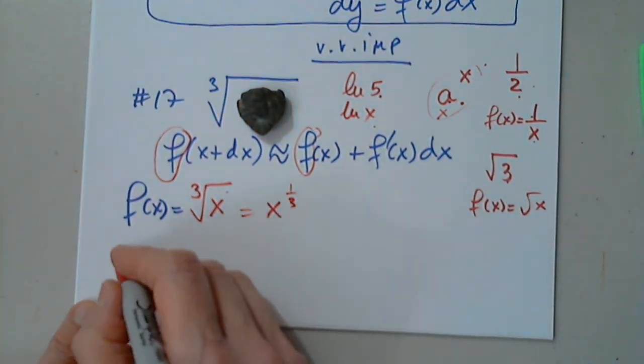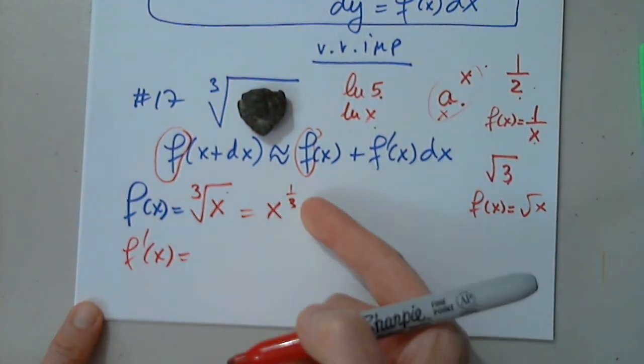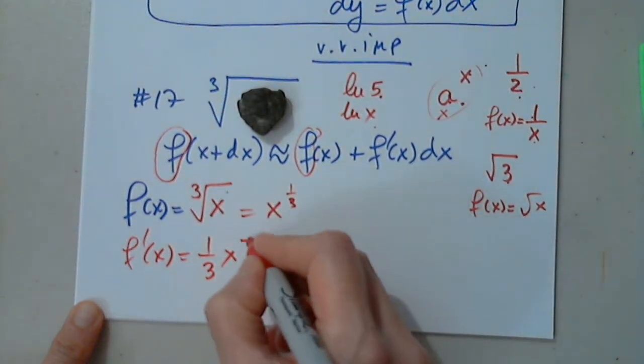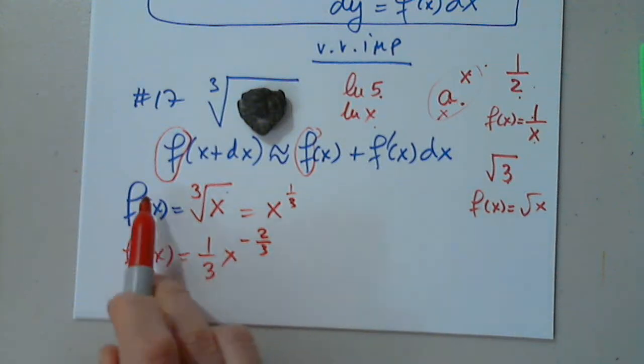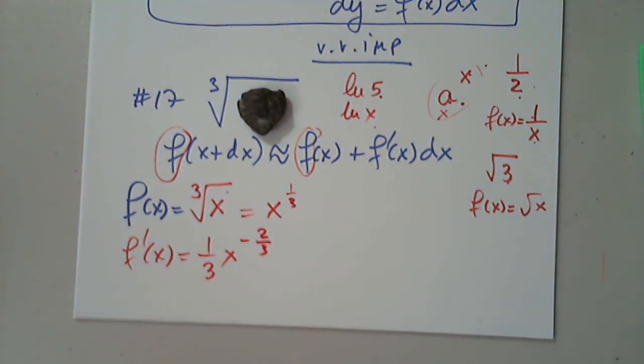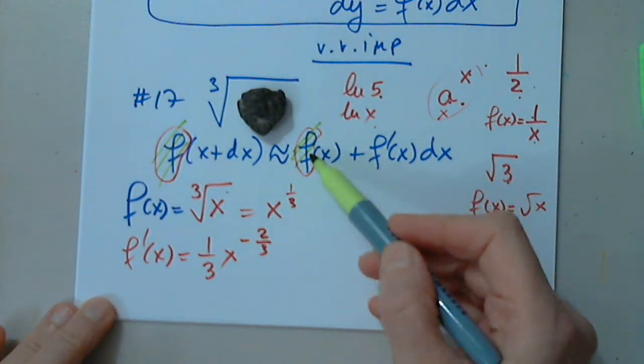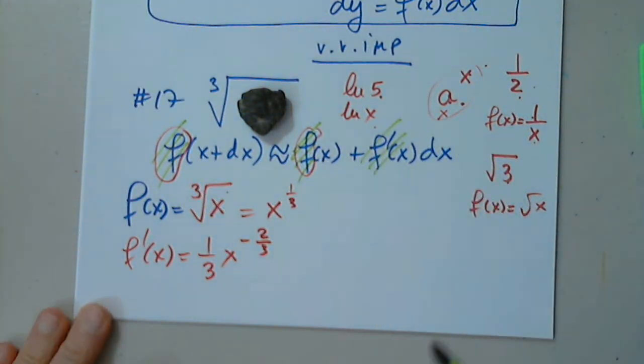So let's differentiate. F prime of x, I bring down 1/3 and I subtract 1 from the power. So from my formula, what do I have so far? I have this. I have this. What is next?